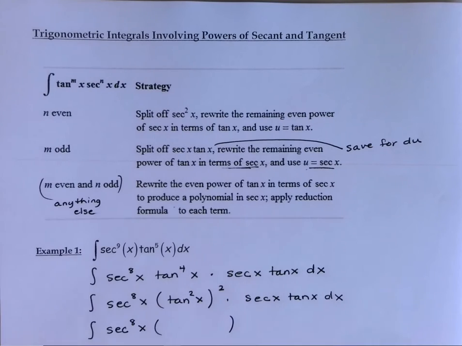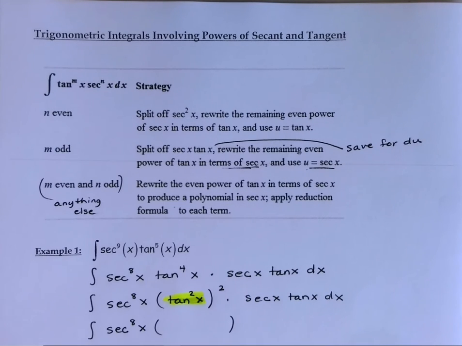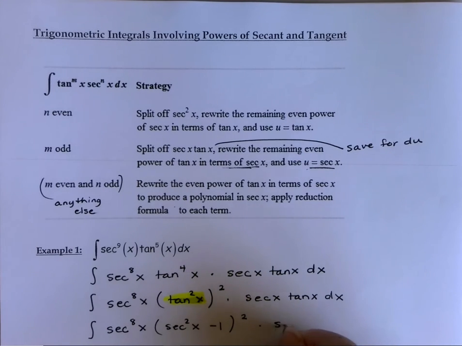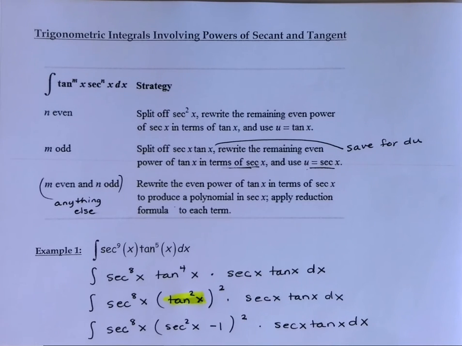I'm going to replace this tangent squared with that secant squared minus 1. Like so.